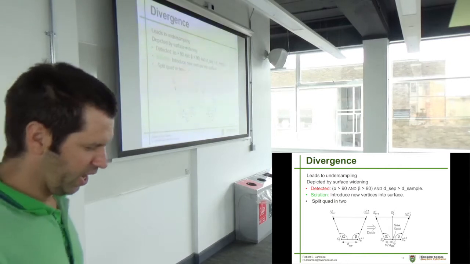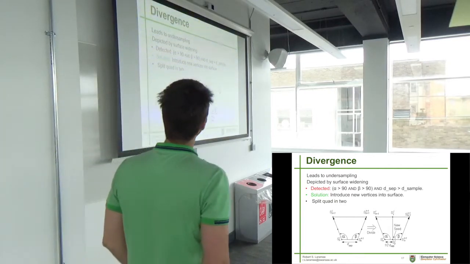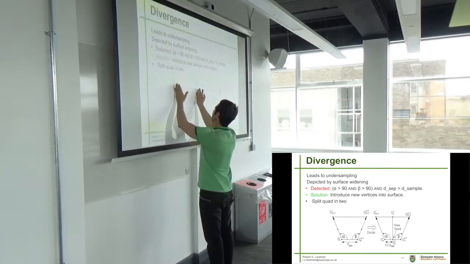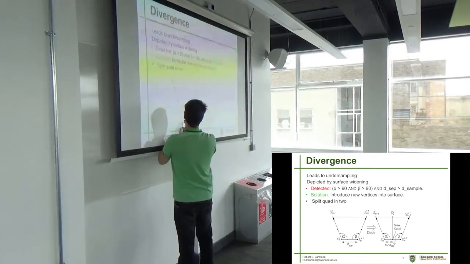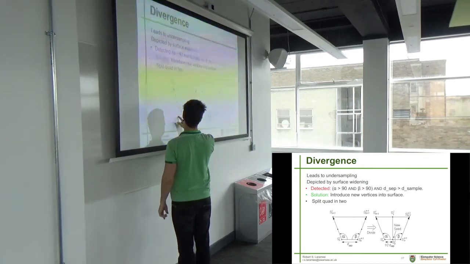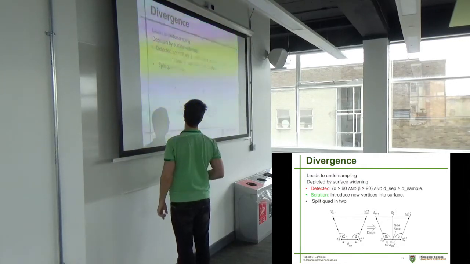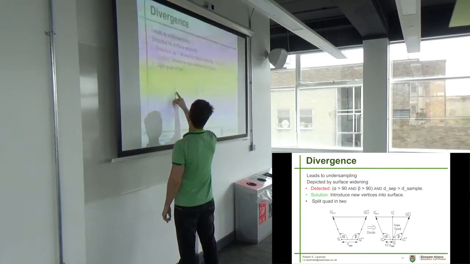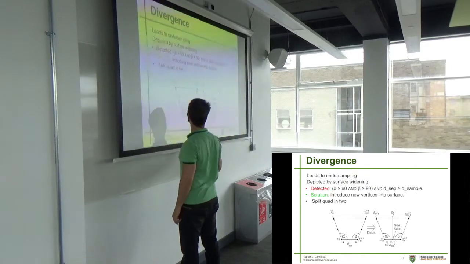And this is how we handle divergence. In this diagram, these are two streamlines, and they're separated by DSEP initially. This is streamline I, and this is streamline I plus 1. This is the start position, and this is the next position along the streamlines.